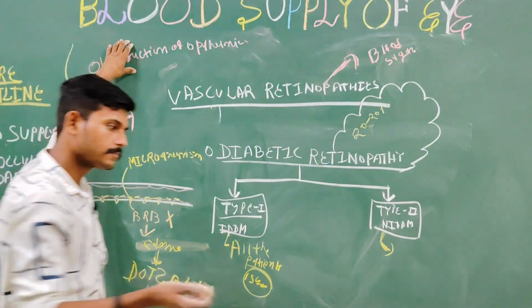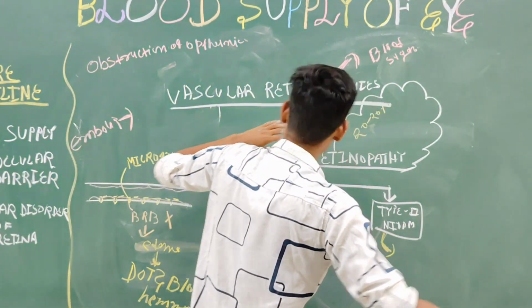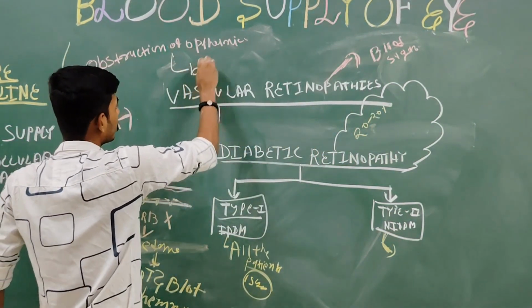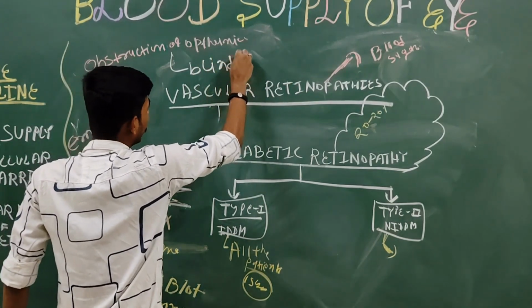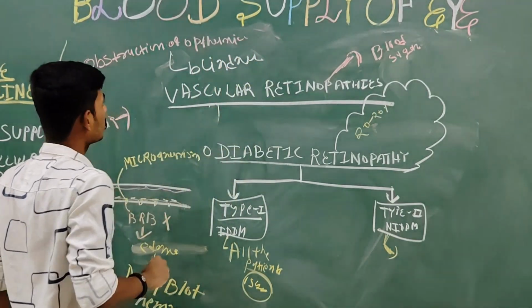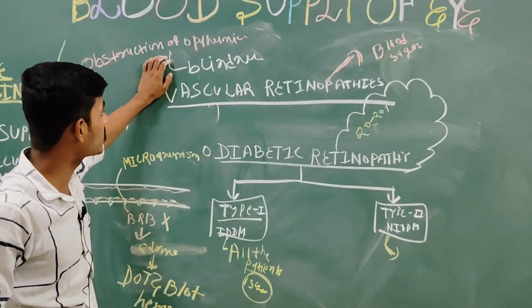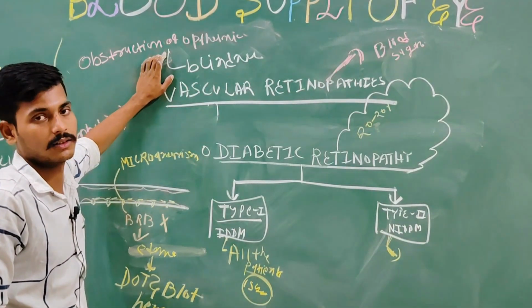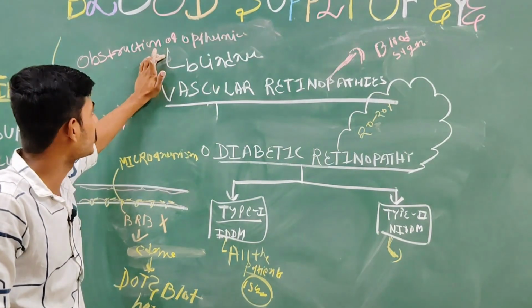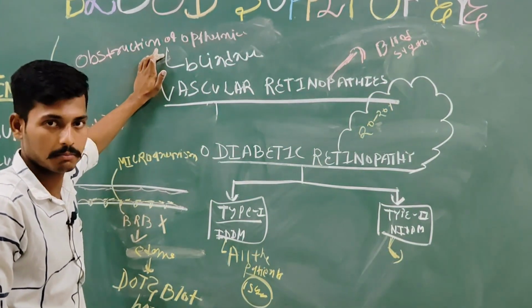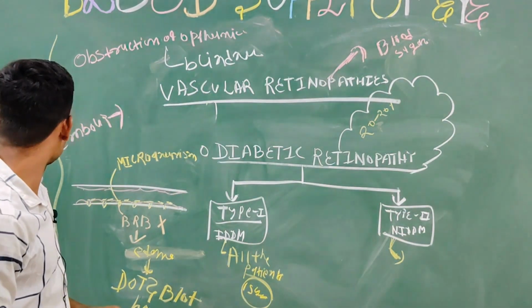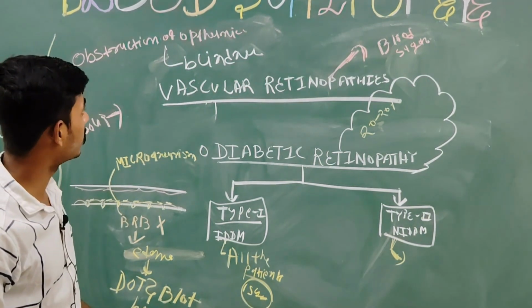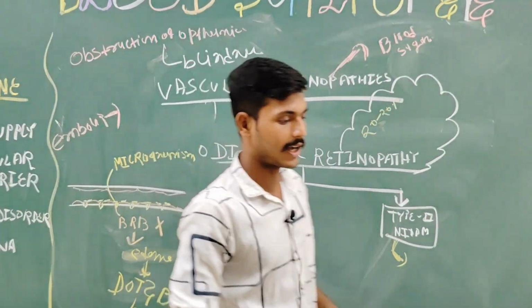Persons have instant blindness. So that's one of the reasons, and some emboli block the retinal artery, and persons develop papilledema and blindness. So these are some diseases related to the blood supply of the eye.